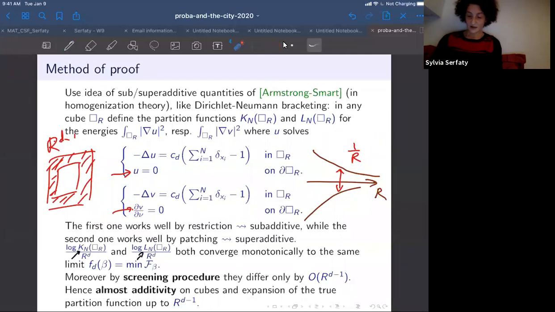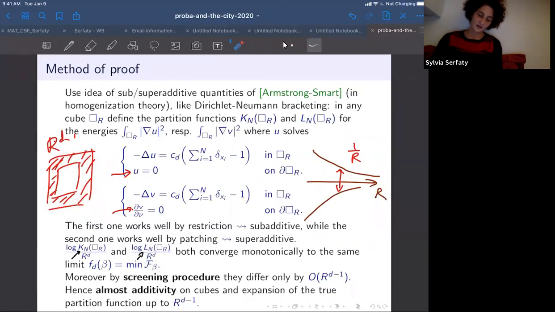And how to prove that is what we call a screening procedure. So again, that's related, I think, to Russ's question. What you show is that you can take a configuration given to you by a problem like this, and you can transform it into a configuration that satisfies the Neumann data by changing it only near the boundary. And that effectively makes the thing screened from the outside.